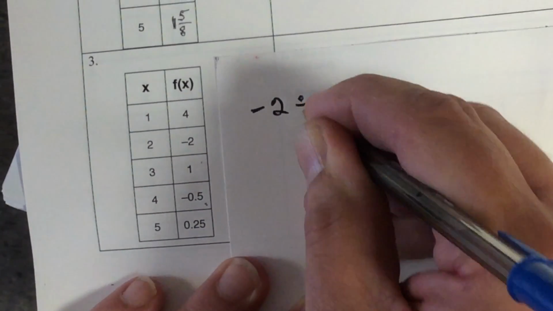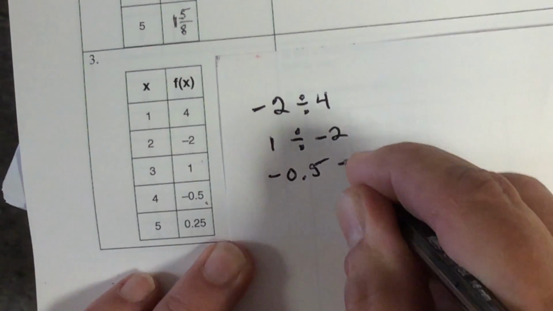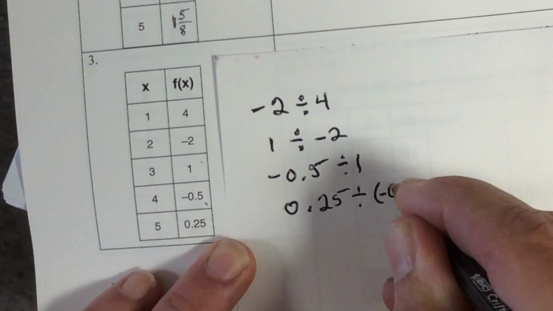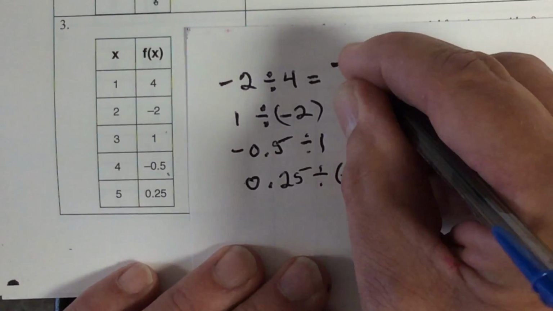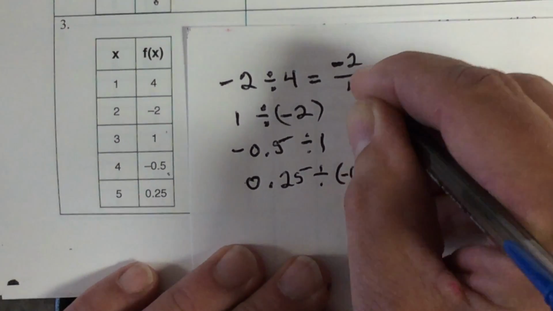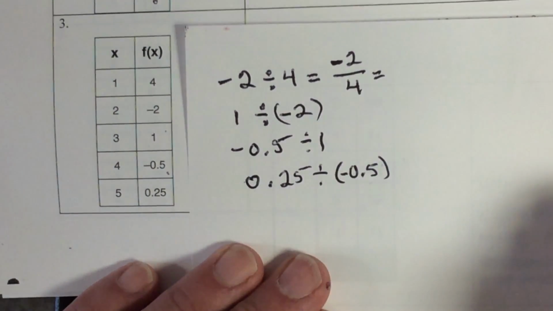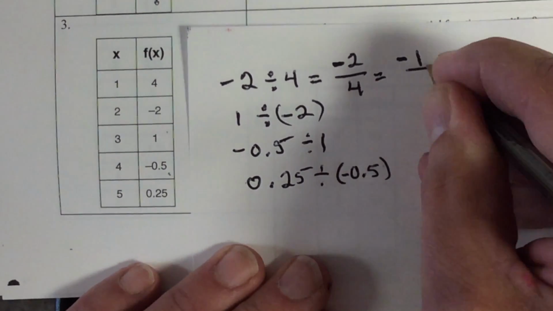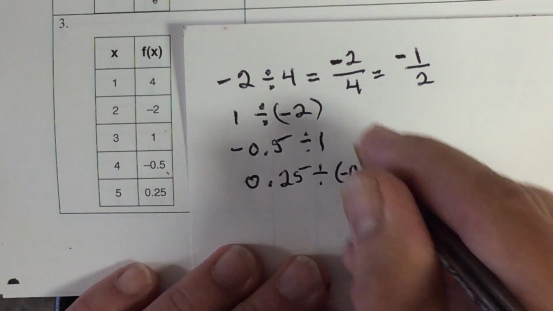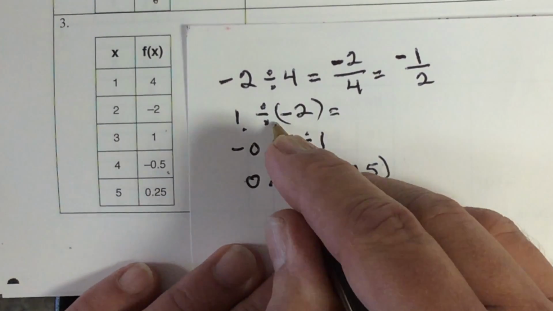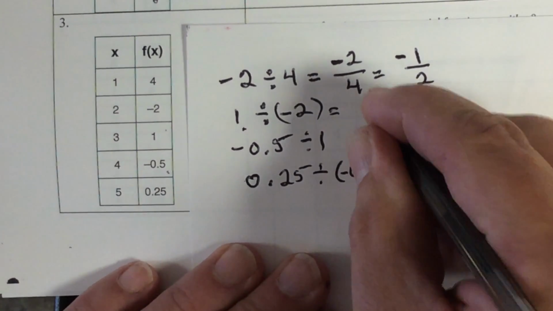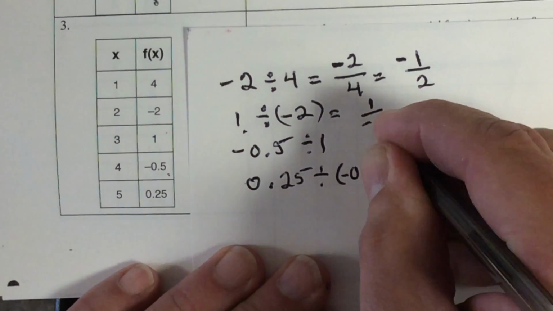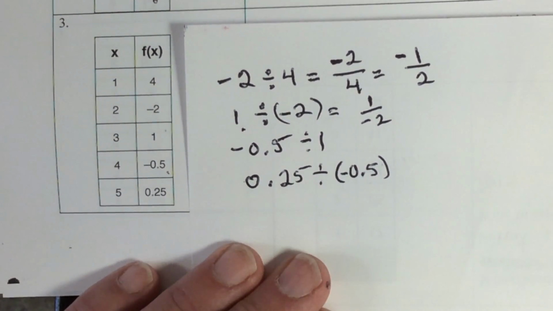The next thing we do, instead of subtracting, we divide. Negative 2 divided by 4. I can reduce this to negative 1 over 2. This one, 1 divided by negative 2. Hey, got the same answer.